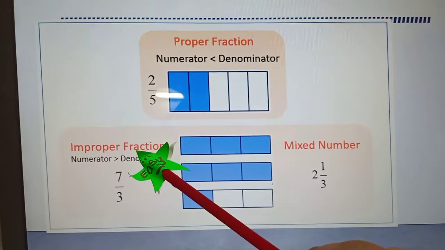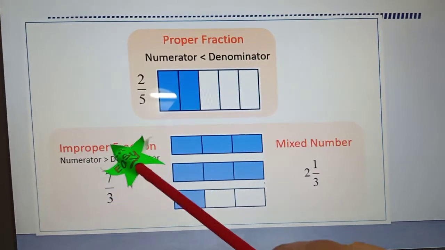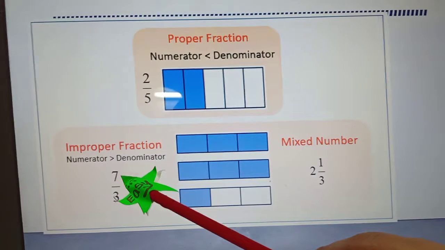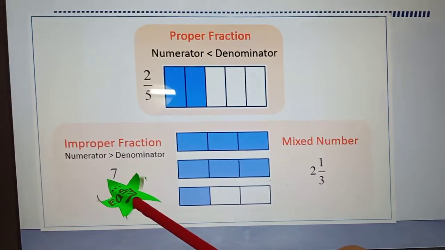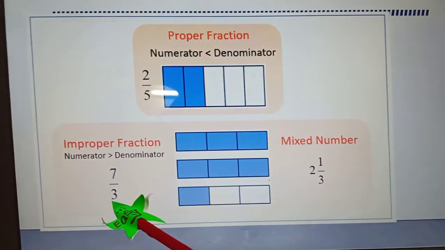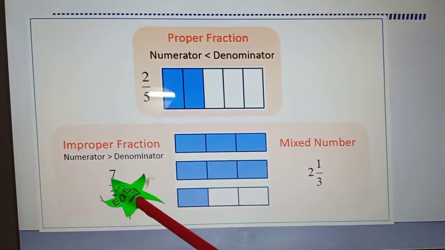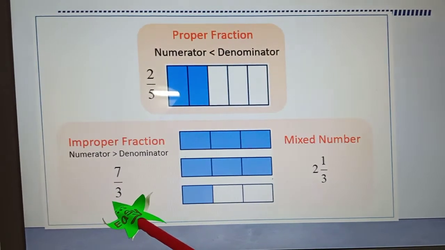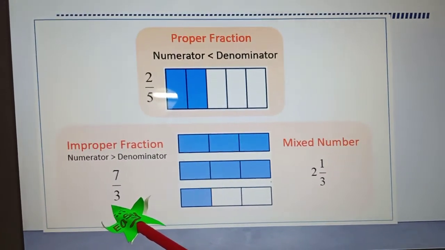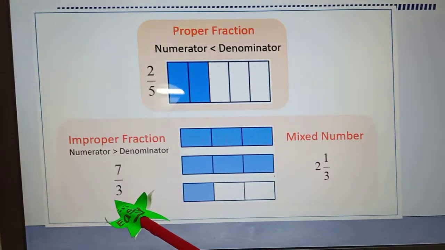Improper fraction means the numerator will be larger than or bigger than the denominator. It means the up one will be bigger than the down one. Then only we call it an improper fraction.